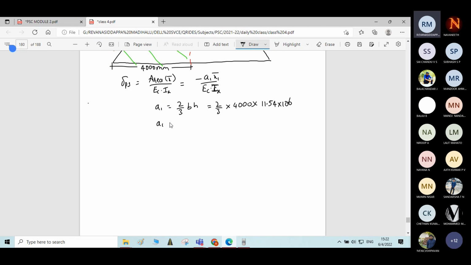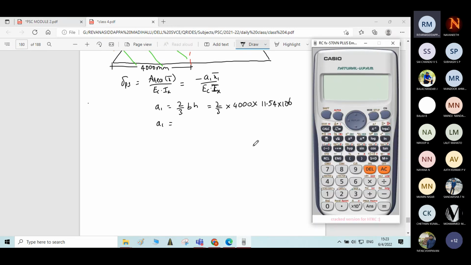Therefore, A1, let me calculate. I don't have the answer here. 2 into 4000 into 11.54 into 10 power 6 divided by 3 gives 3.07 into 10 power 10.